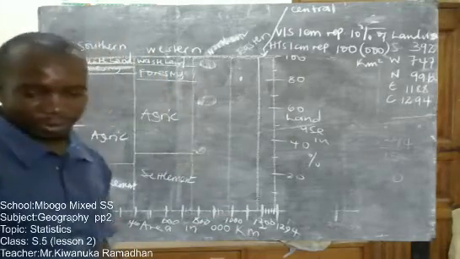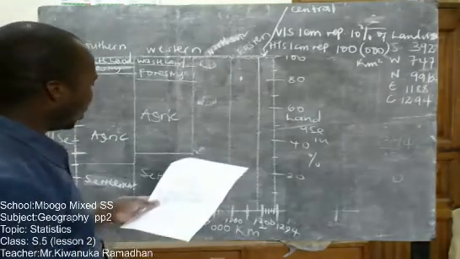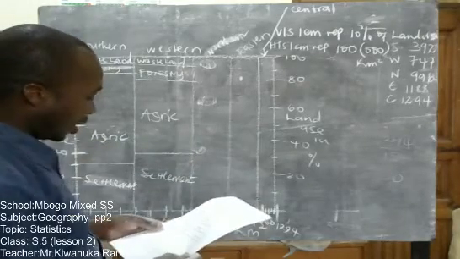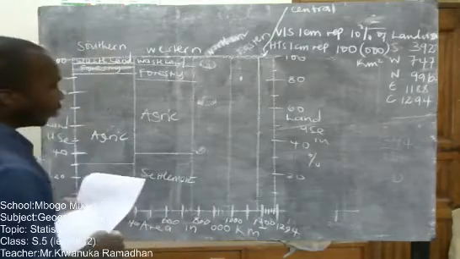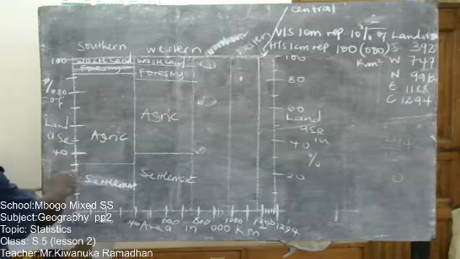Even when you come to northern, you do the same. You look at northern. Northern, they are saying that settlement is 25. You look for 25. This is 20, 30. So 25 is somewhere there.